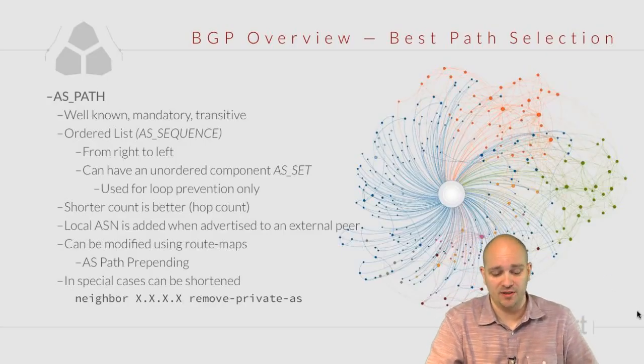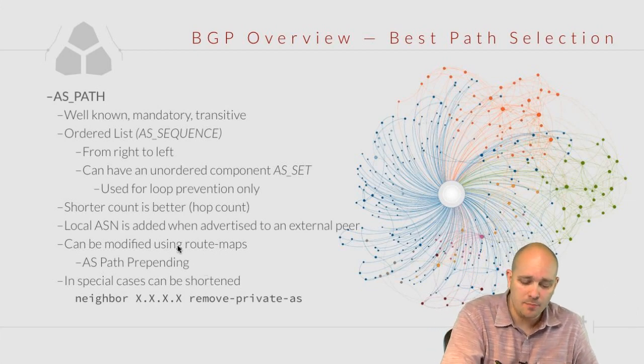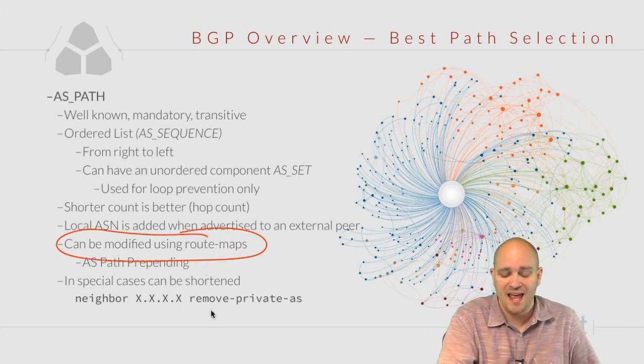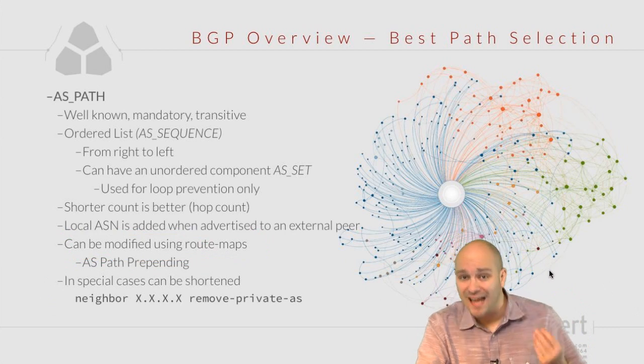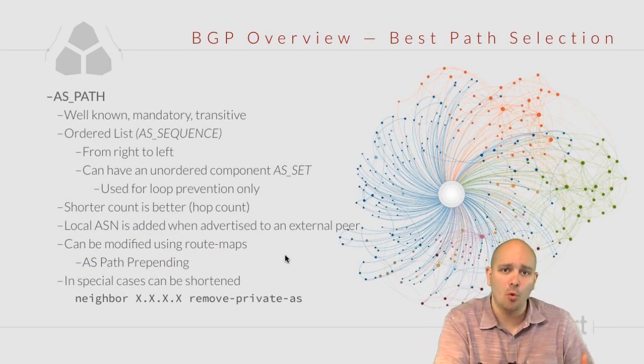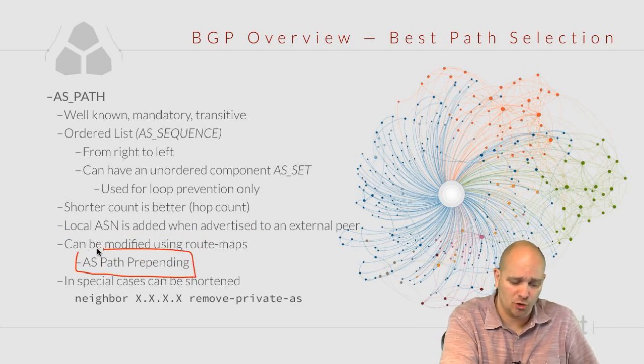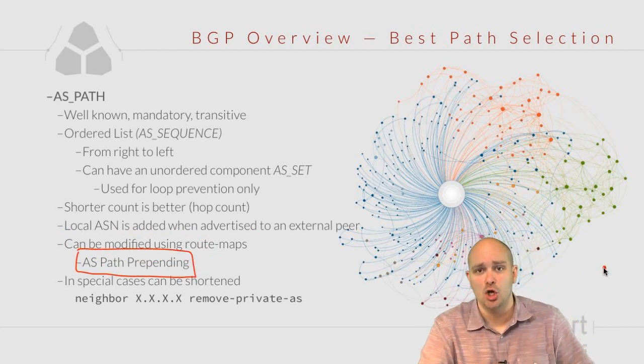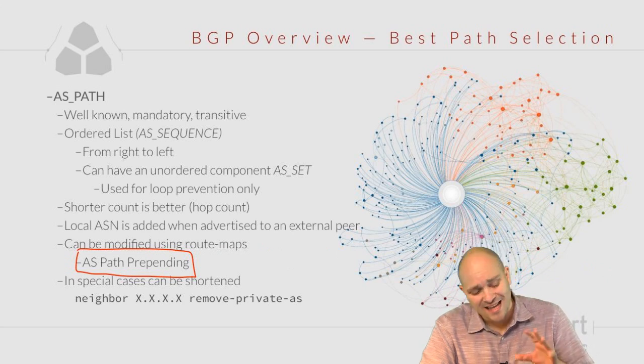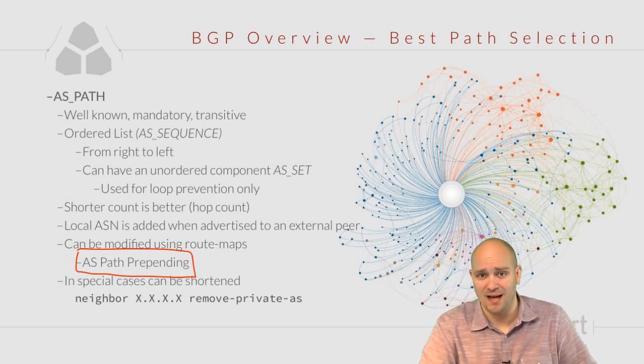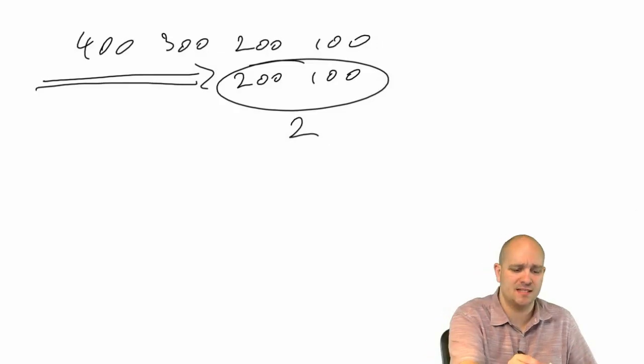What can be done with the AS path is it can be modified using the route maps, but pretty much the only thing that you can do is you can add more autonomous systems to the path. And this is a common method to increase the AS path length: to use so-called AS path prepending. Now, what is AS path prepending?